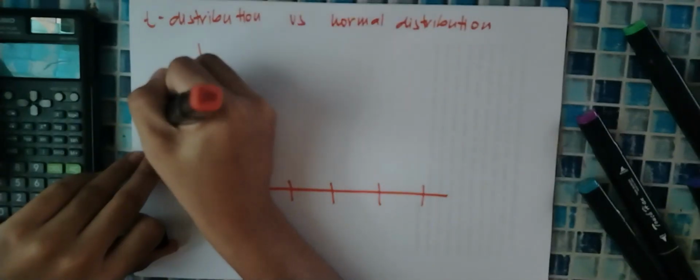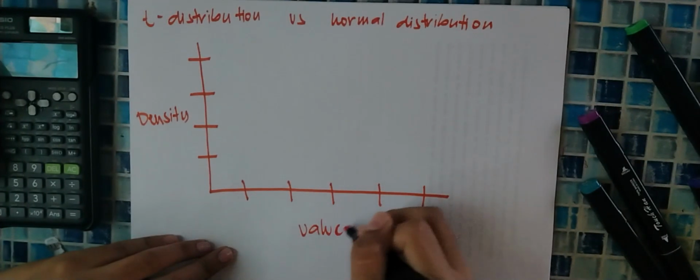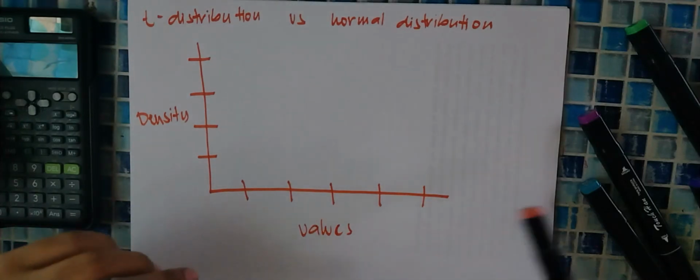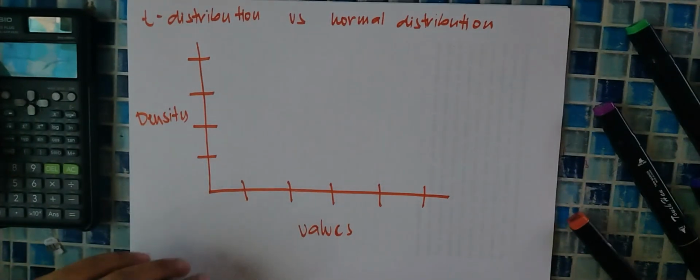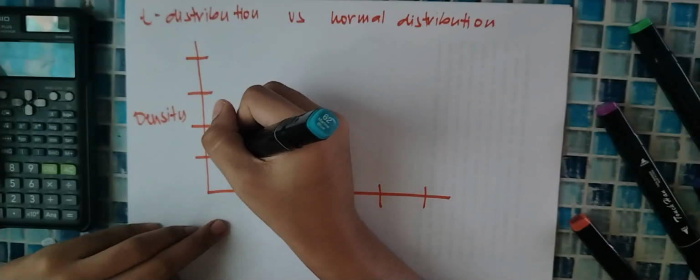This part is the density and this part is the values. So let's start to draw the t distribution.